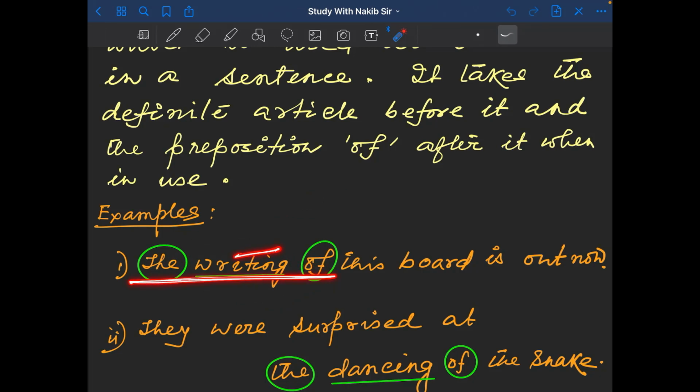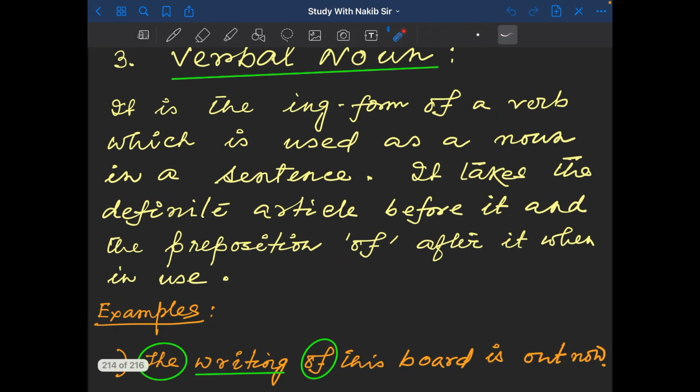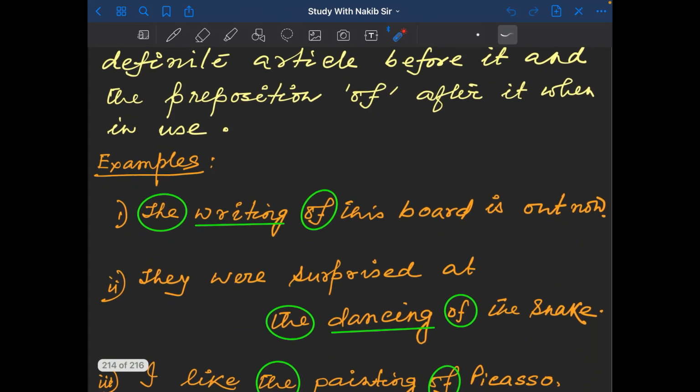In this environment, when you find this, it is called the verbal noun. The noun made from a verb by adding ing at the end. So the definition is, it is the ing form of a verb which is used as a noun in a sentence. It takes the definite article "the" before it and the preposition "of" after it when in use.